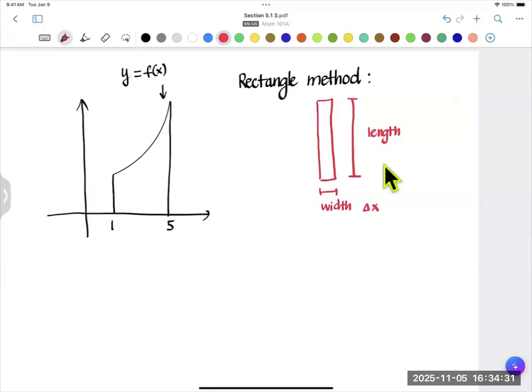The first way is, for example, if I divide this region into 4 rectangles, then I draw 1, 2, 3.